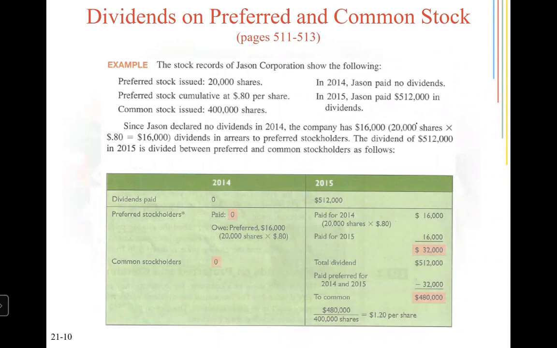So that's how to get that 16,000. They owe that to the preferred shareholders for 2014. In 2015, they paid out 512,000. And so you see in the table below, they show the division. I want you to look at that closely. Give me 1 second.